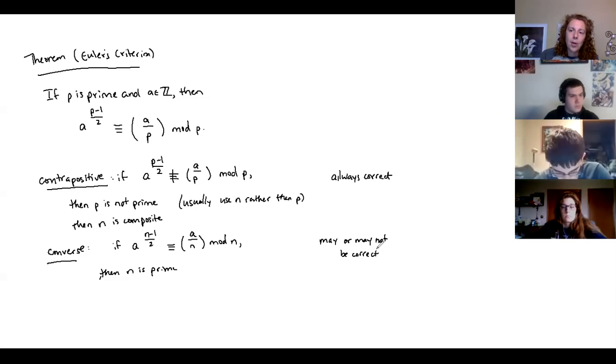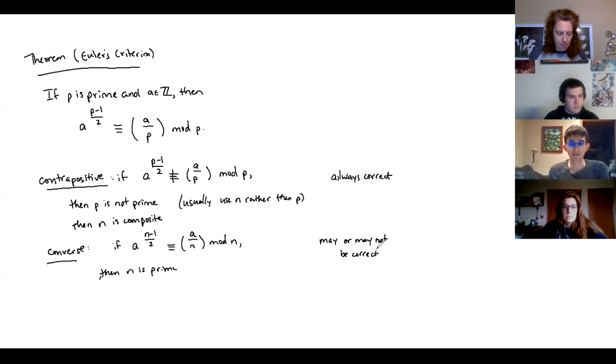Once again, this goes with the same idea that we've had with primality testing. If we get an answer of prime out, we're not sure whether our answer is correct or not. Same thing here. We're dealing with the converse, so we're not sure if our answer is correct, because sometimes the converse is true and sometimes it's not.